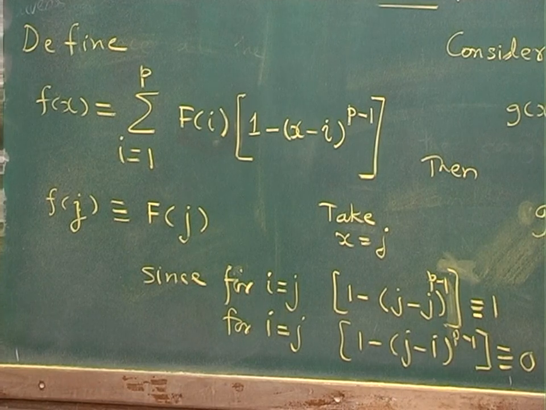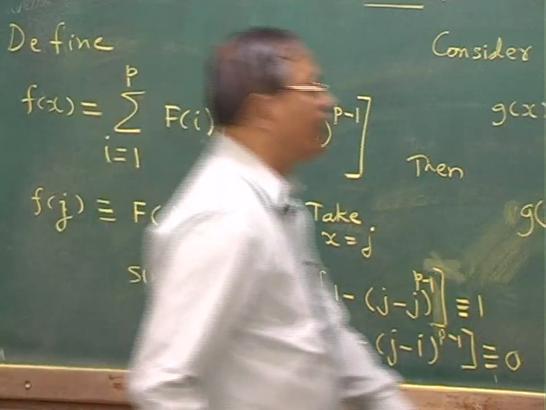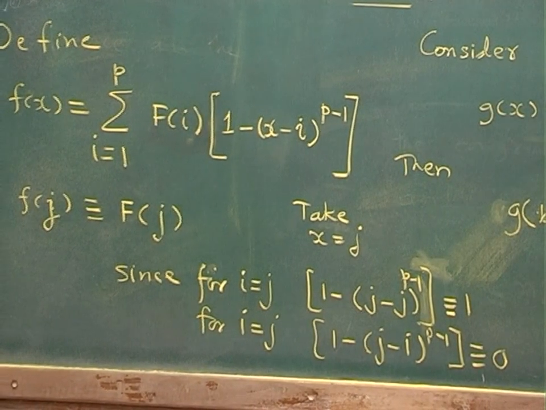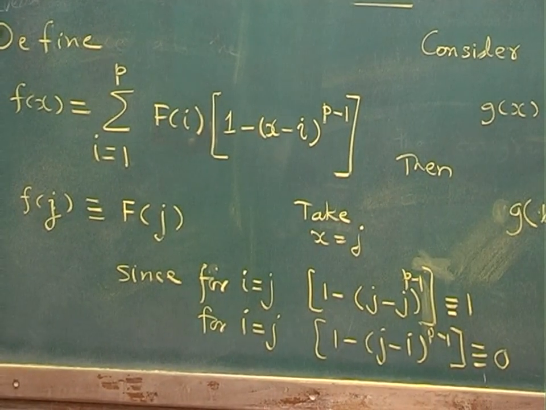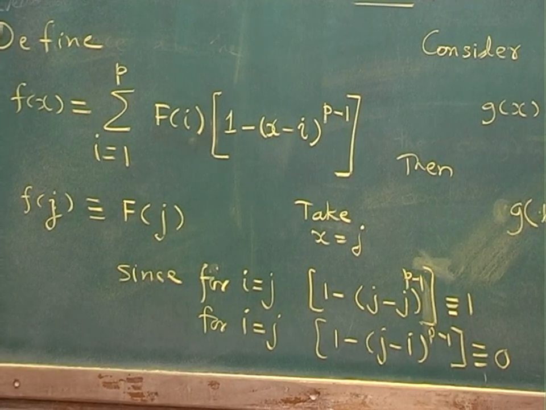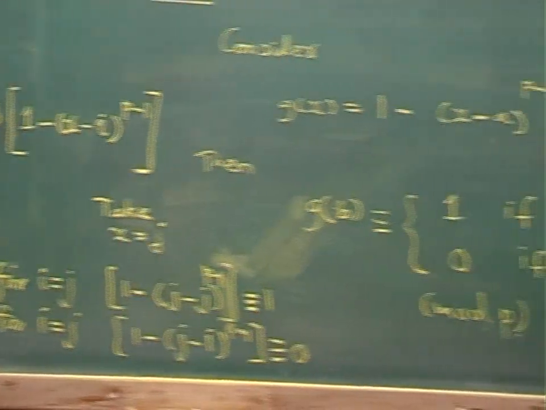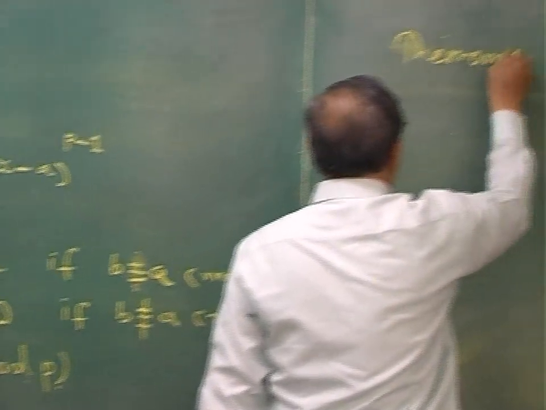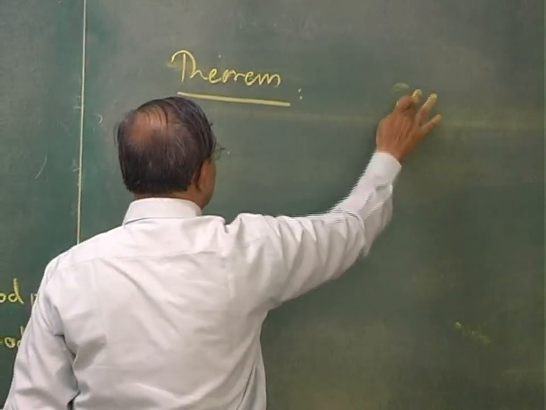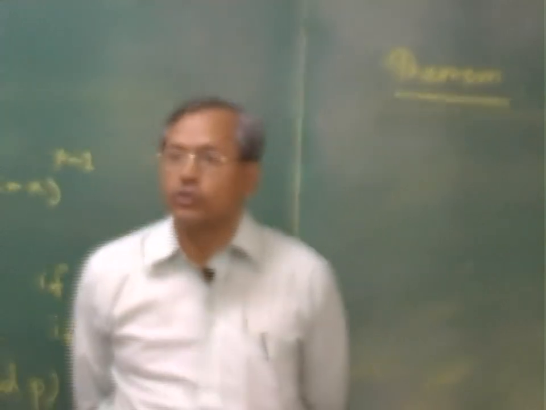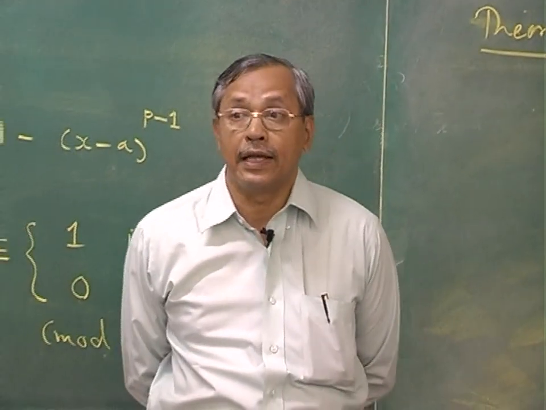The next thing that we will study is when is it that a congruence f(x) congruent to 0 mod p has exactly n solutions.